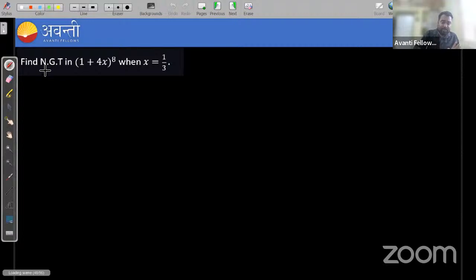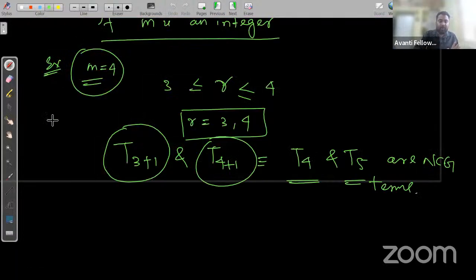If we consider the second case, case 2, so what is case 2? If m does not belong to the integers, if m is a fraction, suppose I am taking, for example, m is equal to 3.5.